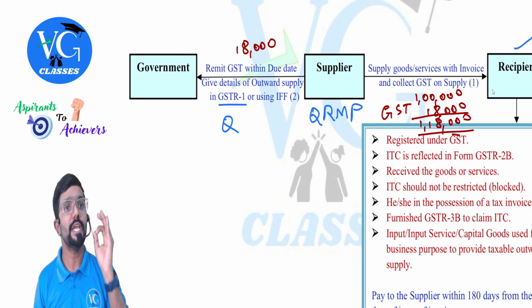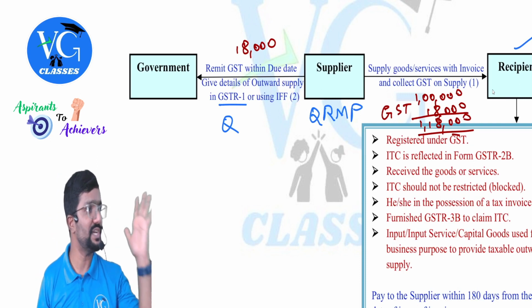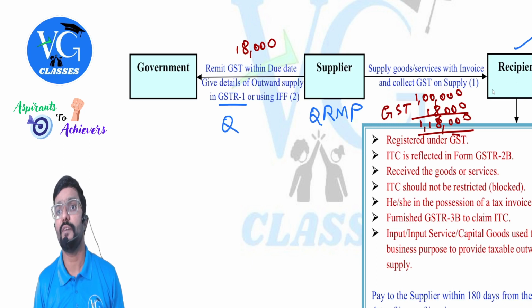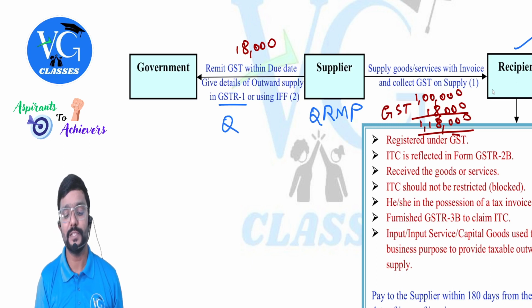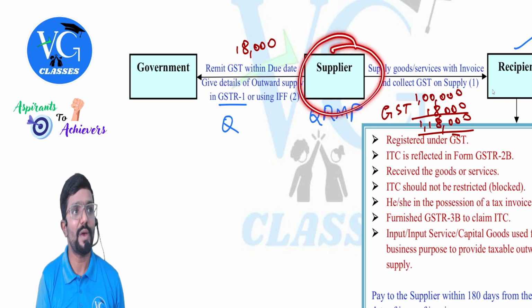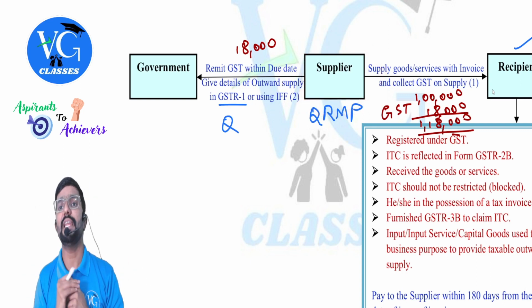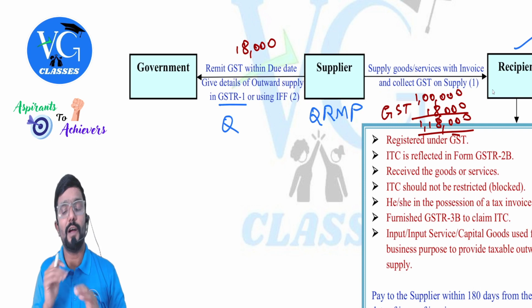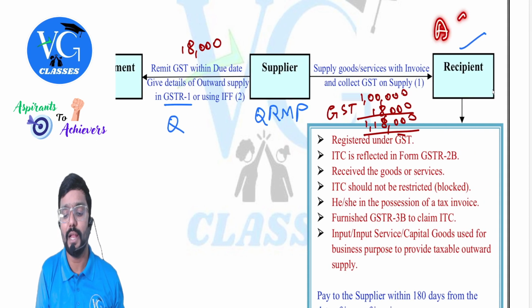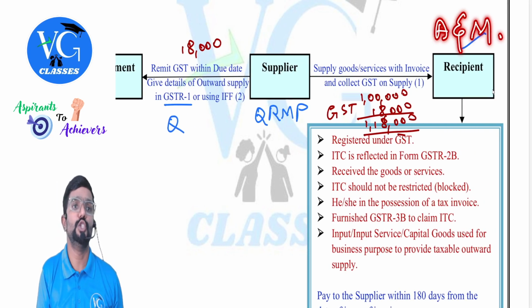IFF stands for invoice furnishing facility. So that means this guy is filing GSTR 1 quarterly, right? That is for April, May and June. He will file it in July. But for the persons who have purchased in April and May, they cannot wait till July.